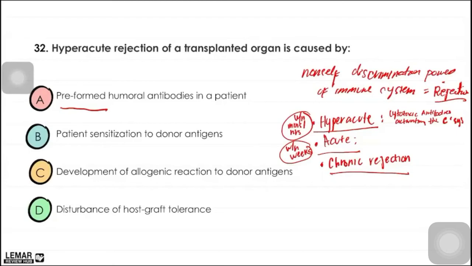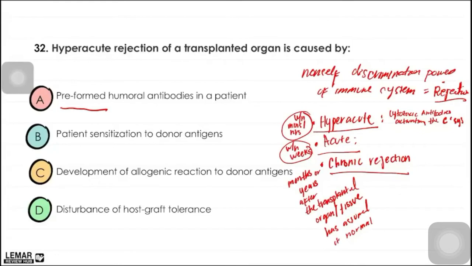This type of rejection occurs within months or years after the transplanted organ or tissue has assumed its normal function.